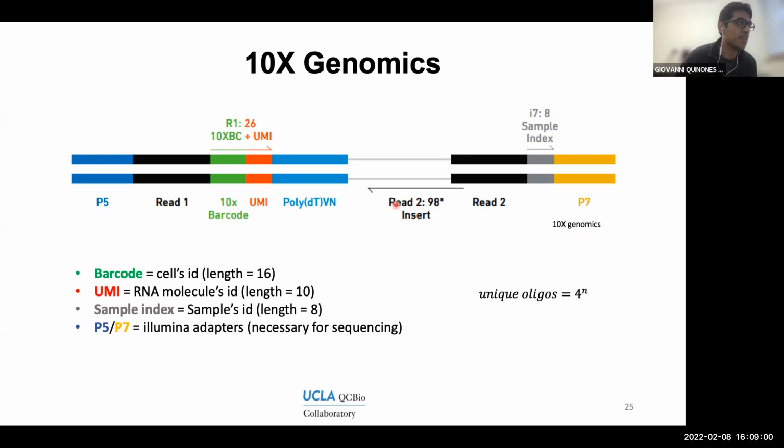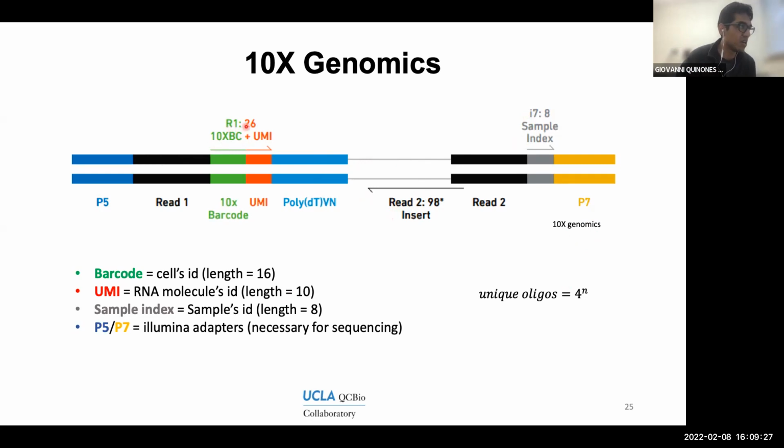Okay, and in the final step, after you've prepared this construct and you sequence them, the sequencer will spit out 3 reads, not to be confused with the PCR read, but we'll just call them R1, R2, and I1. These are the pieces of information that we're getting from the sequencer.